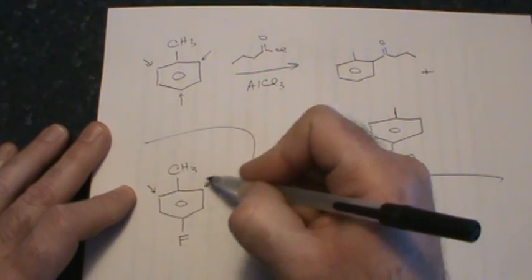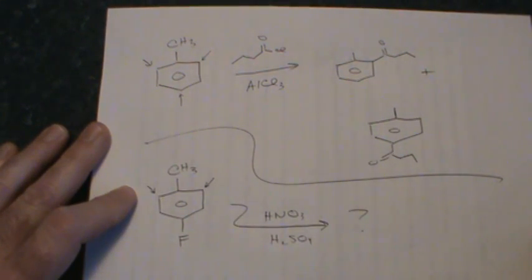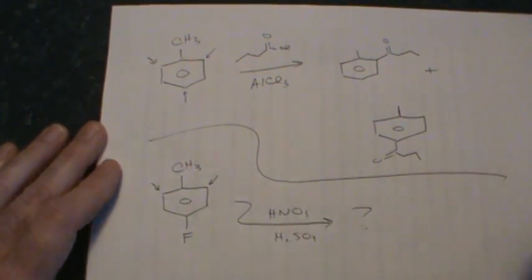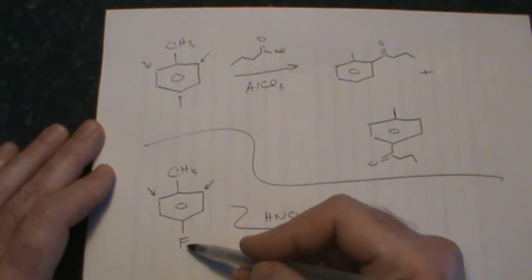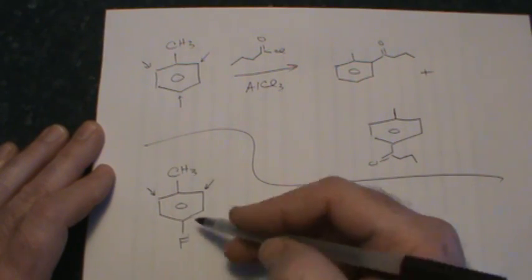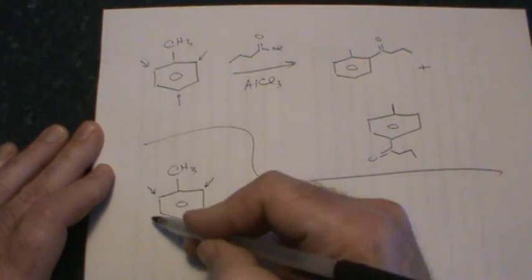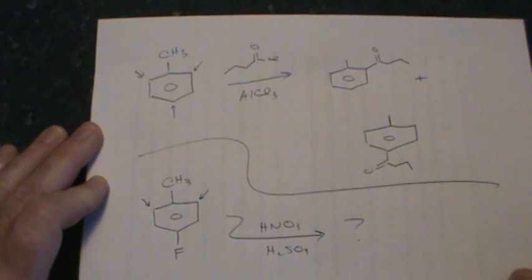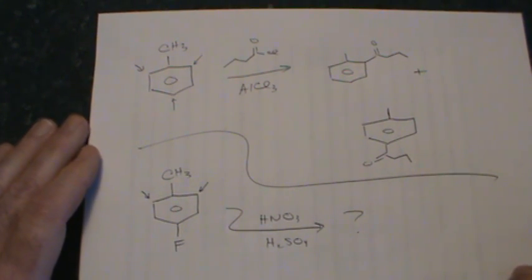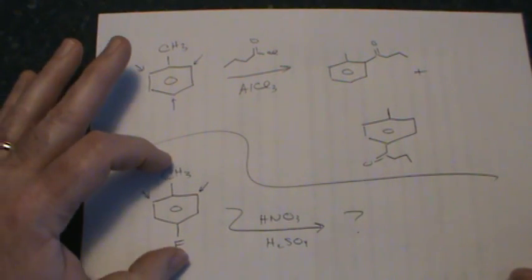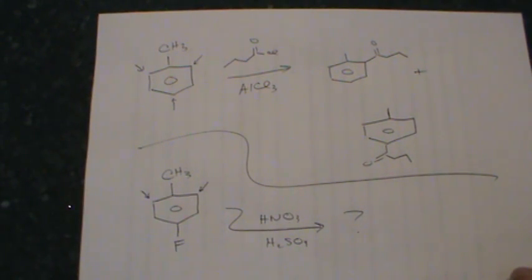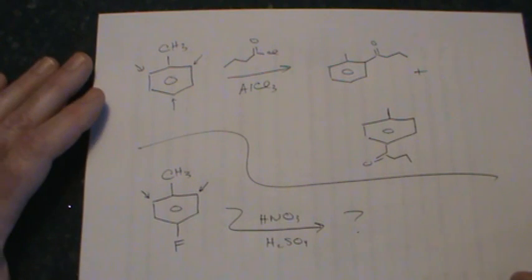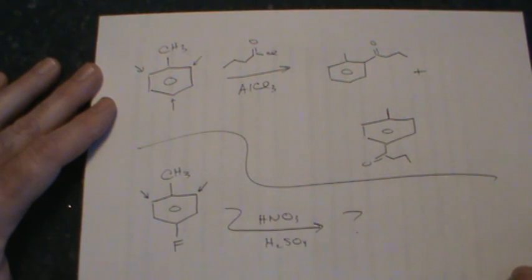But there are two ortho positions that the methyl group could direct the next reaction to. The fluorine, as we've just discussed, being a halogen, is also an ortho-para director. The ortho spots are here and here, and the para position is already taken by the methyl. But it's going to turn out that we can ignore the fluorine here, because in cases where you have two or more substituents on board, for directing effects, all you have to consider is the most activating group.